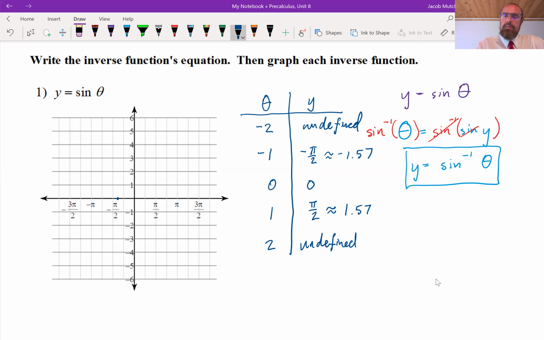So I'm just going to estimate there. And then I'm going to have to estimate as well for negative 1.57. So there's our estimate there. There's 0, 0. And here is positive 1. Again, I got to estimate that on the x-axis, and then positive 1.57. And we can go ahead and sketch this curve.